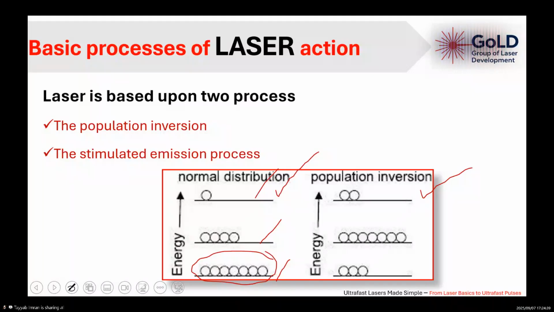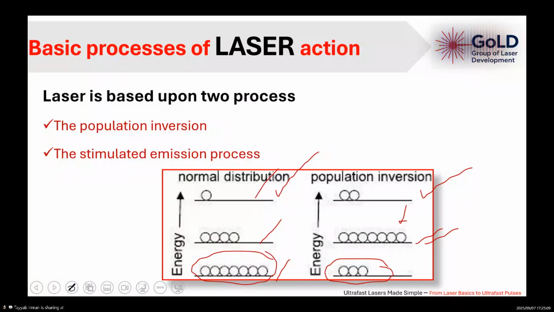What is population inversion? That higher levels are highly populated, more electrons on the higher levels. Okay. So the ground state or the low state is less populated, and the high state is supposed to be more populated, which is not a normal phenomenon actually.